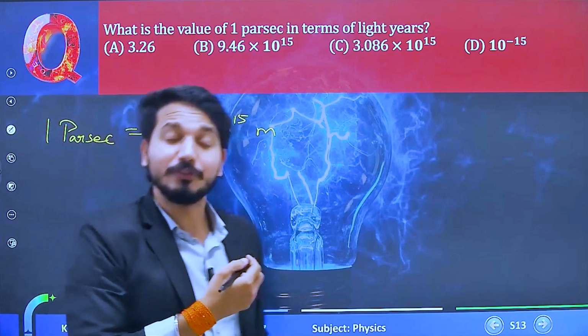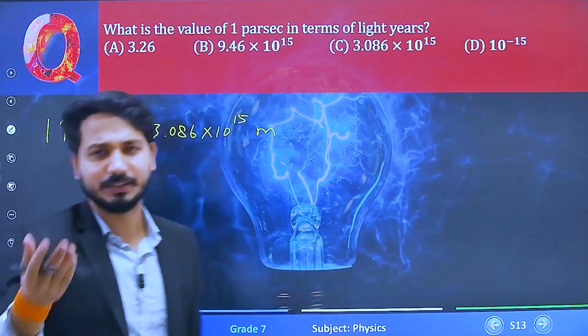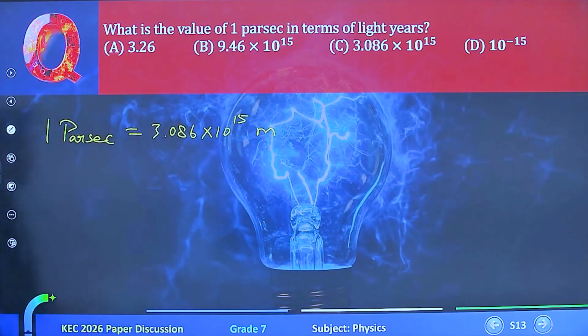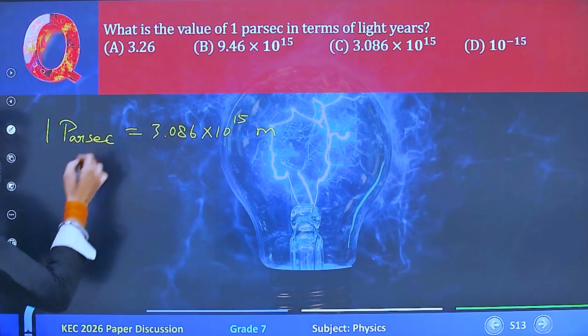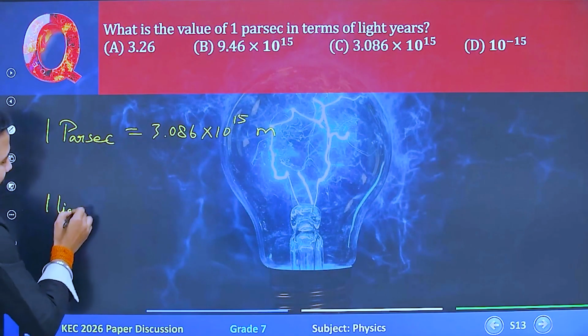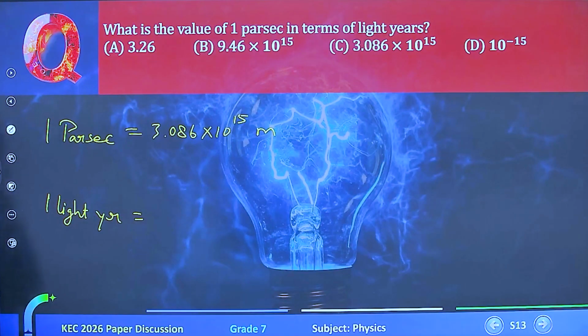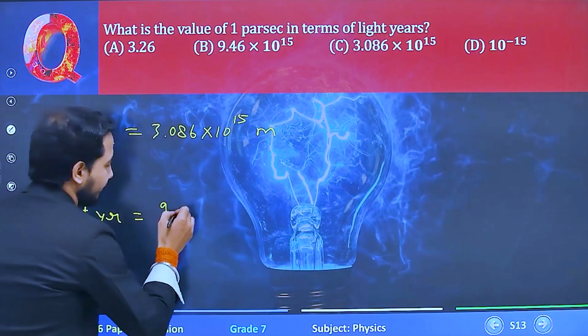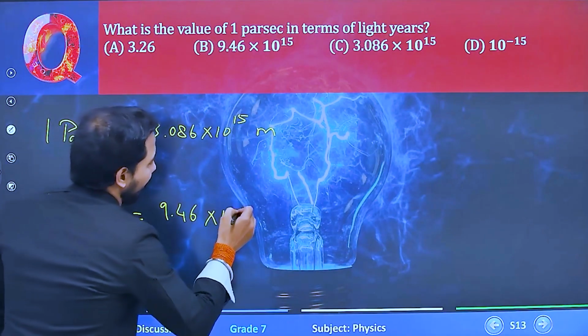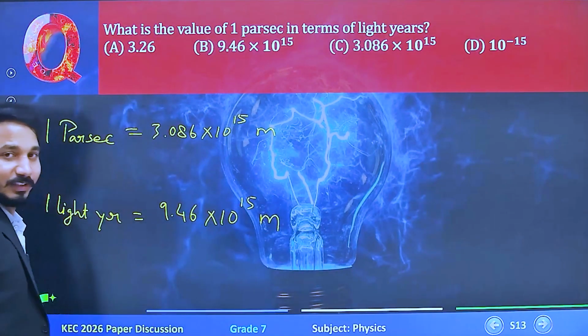If you have not remembered this value, we have also discussed it during the discussion. Now next, light year. 1 light year is equal to how much meter? It is 9.46 into 10 to the power 15 meter.